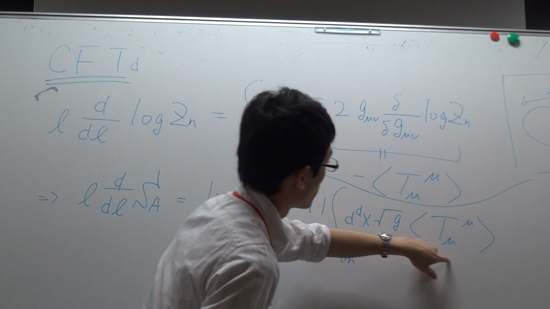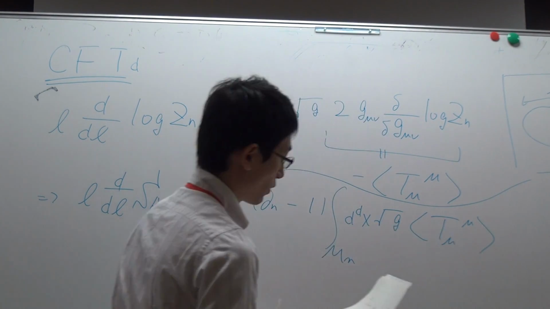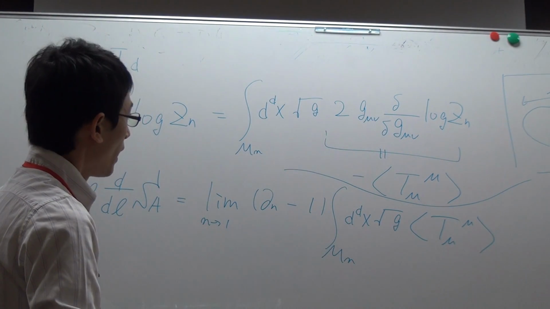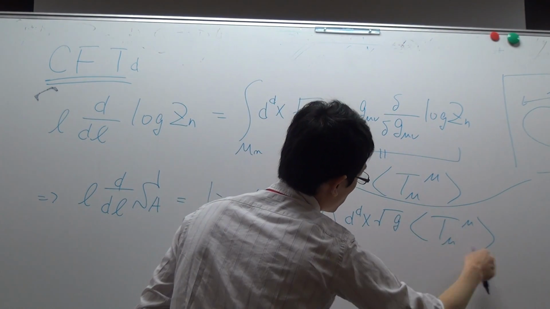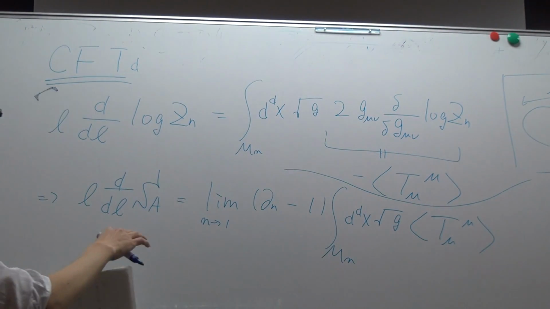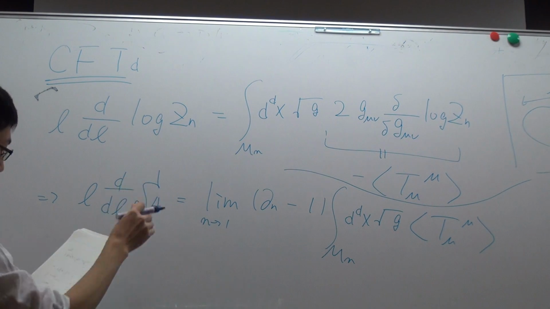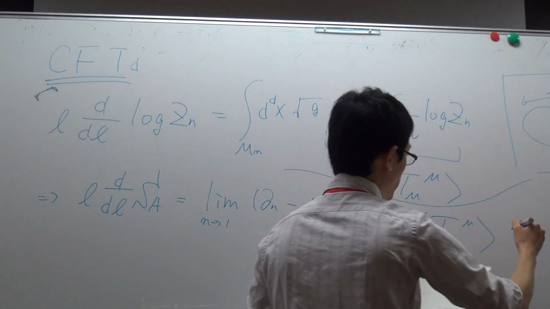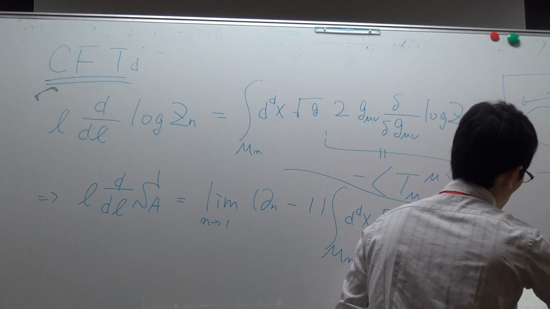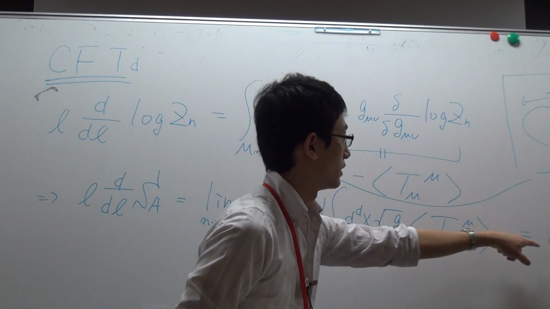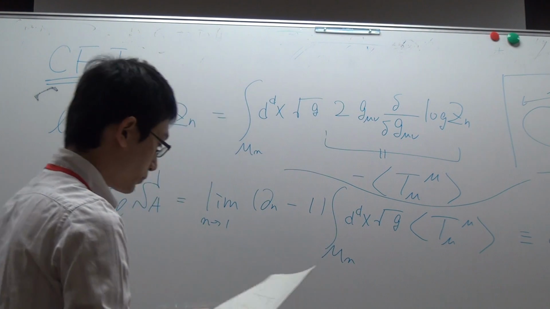So the expectation value of the stress tensor T mu mu. And if this is 0, then you don't have anything, so it is equal to 0. But in some cases, this becomes non-zero. I will denote this guy as C naught of sigma.